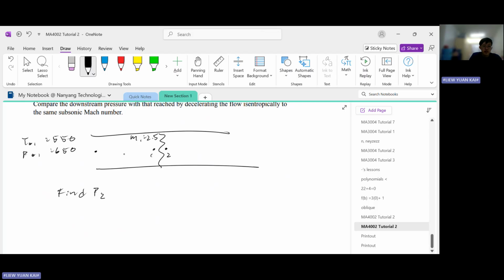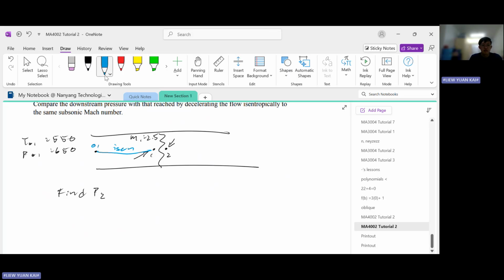Okay, so how do you find P2 using the tables? First thing first is, in order to find P2, we must necessarily find P1. So let's go ahead and find P1 first. So if you look at this one, we use the isentropic flow table. Why? Because joining point 01 to point 1, this is the isentropic flow. Okay, we assume it to be an isentropic flow.